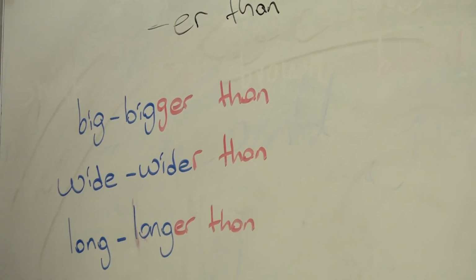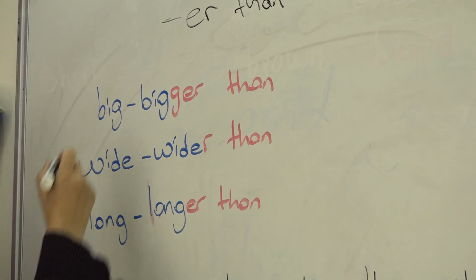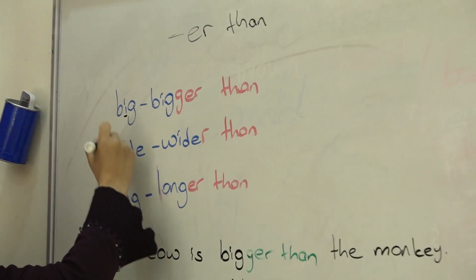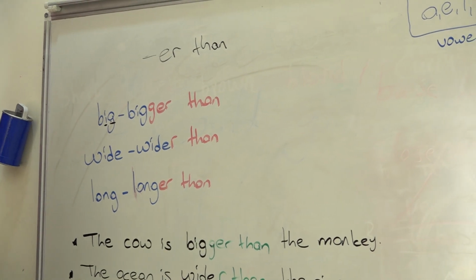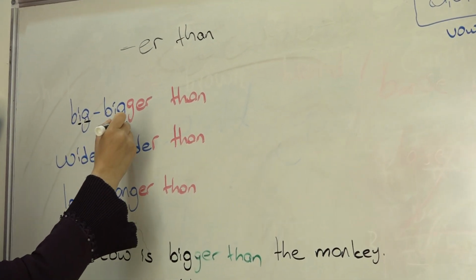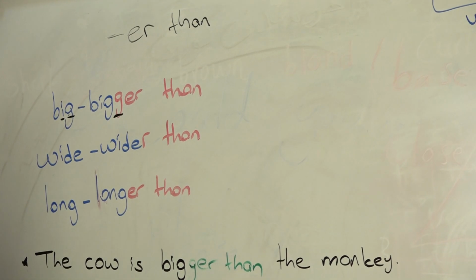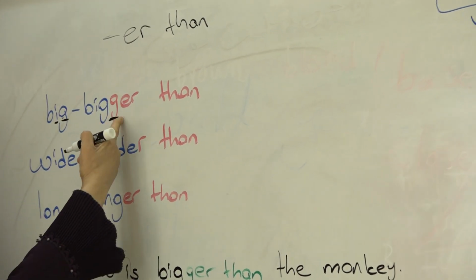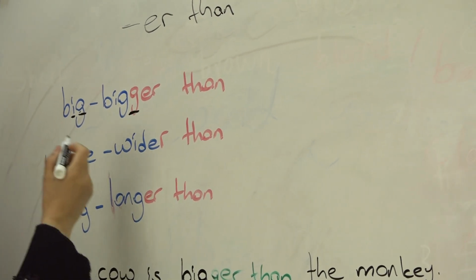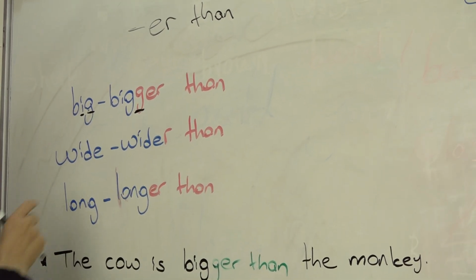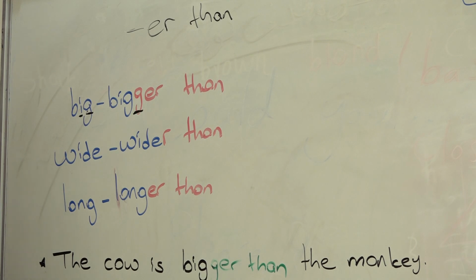As I explained to you before, if a word has a vowel and a consonant at the end, in this case, I double the consonant, as you see here in the example, and I write ER than. It becomes big, bigger than. Look at the word white.